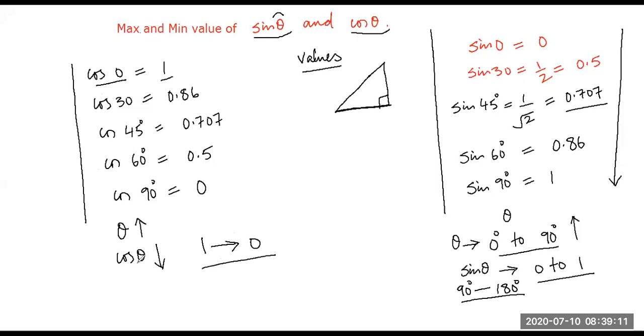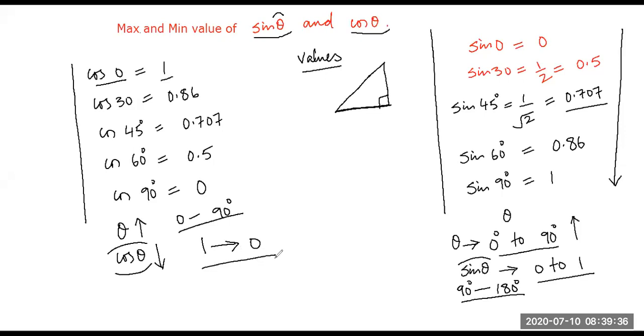But when theta is increasing from 0 to 90, the value of cos theta, a trigonometric ratio, is decreasing from 1 to 0. Both sine theta and cos theta, are they changing between 1 and 0 only? Or is there something more to it?